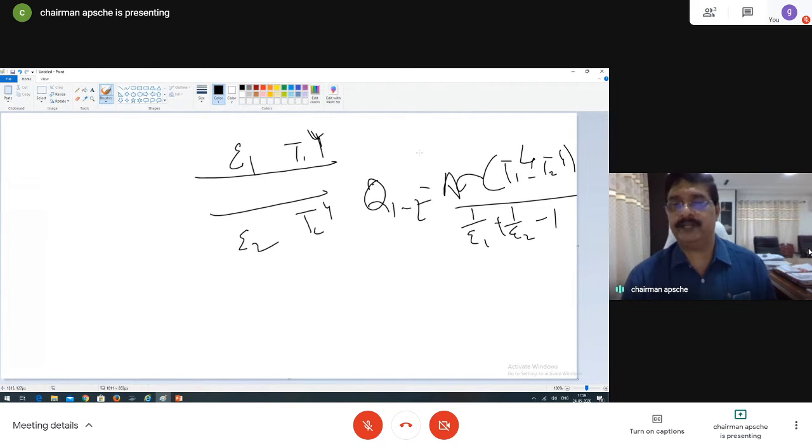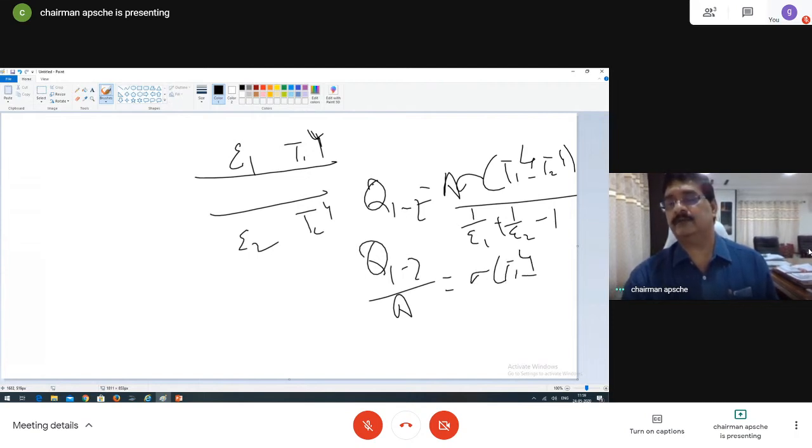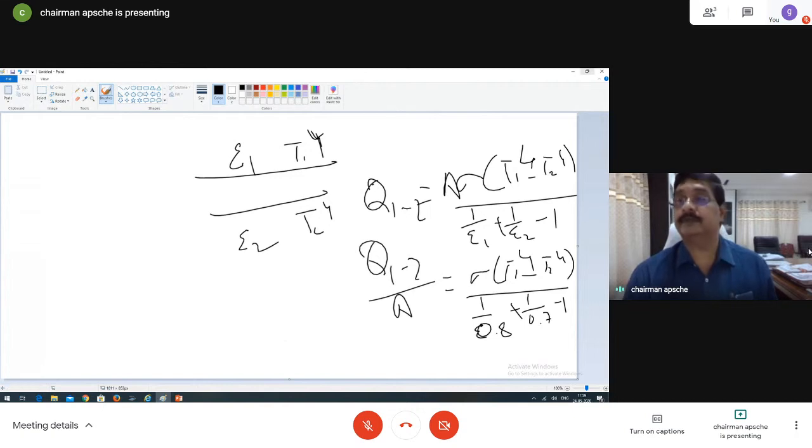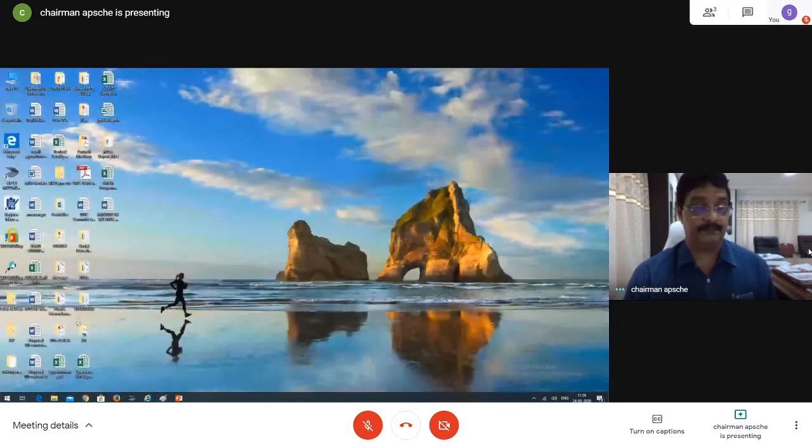Of course, per unit area you calculate. Q1 to 2 by area is equal to sigma (1000 power 4 minus 500 power 4) divided by (1 by 0.8, as given, plus 1 by 0.7 minus 1). So that's how you calculate this.